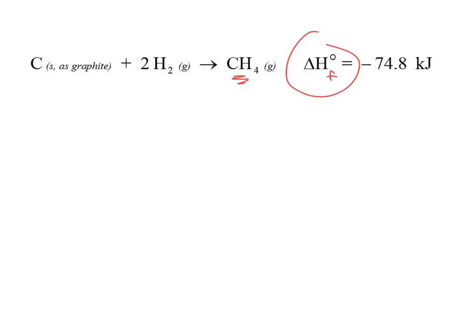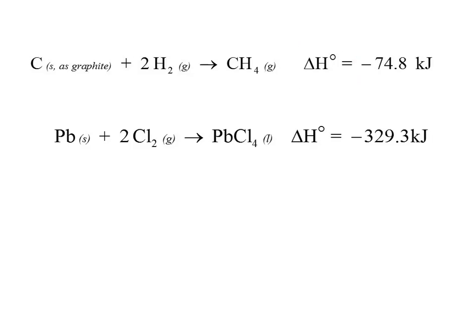Okay, let's look at the next one. Okay, so the checklist. Is it forming 1 mole of compound on the product side? Looks to me like it. Are our reactants in their elemental form? I guess that's a separate check mark. Are they in their elemental form? PbCl2. Yep. Does lead seem like it should be a solid?